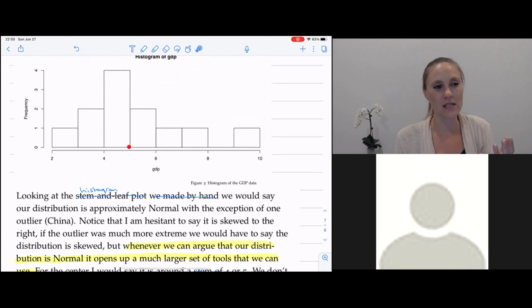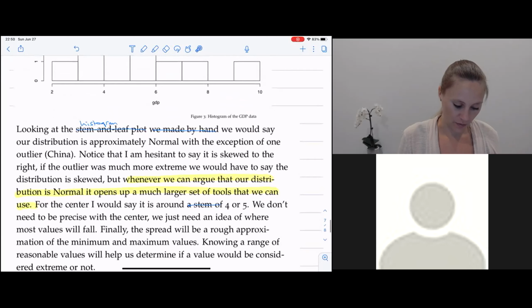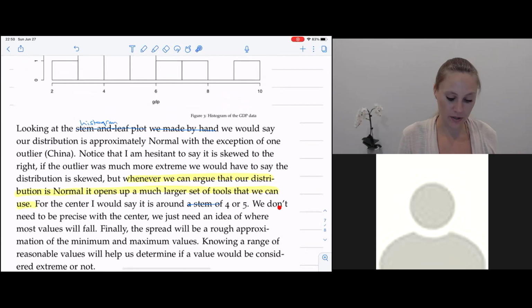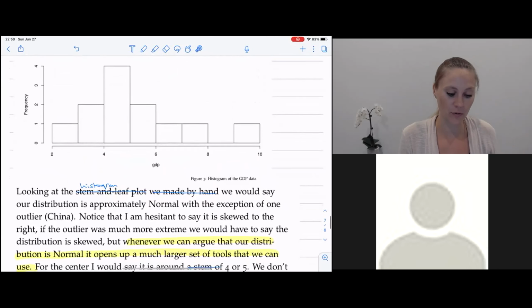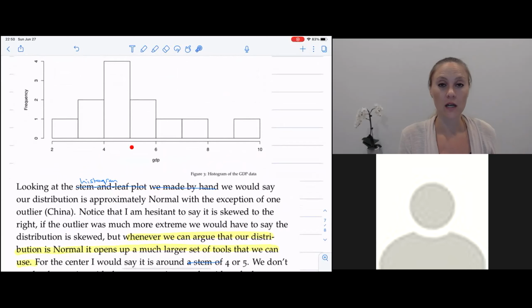So 5 would be here, somewhere between 4 and 5. Great. That's going to be our center. And so we don't need to be precise with the center. We just need an idea of where most values would fall. You could even say something as vague as somewhere between 4 and 6. That's fine.